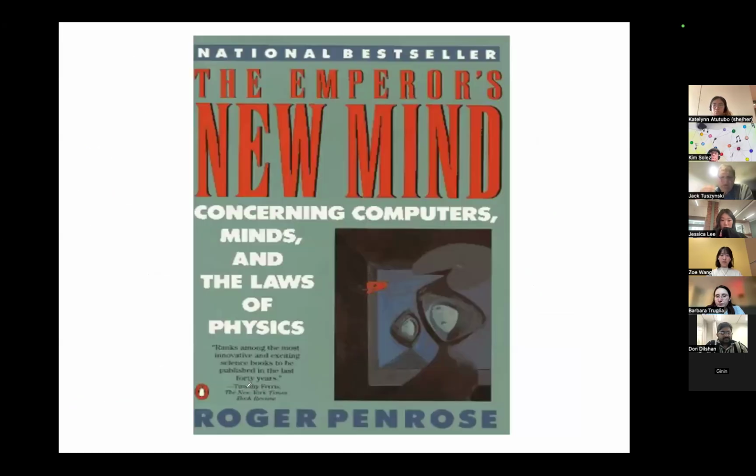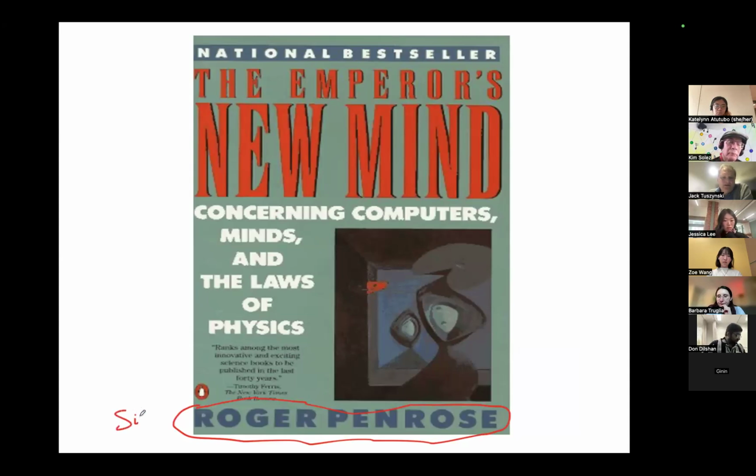Okay, so a lot of these discussions about consciousness, the brain, quantum neuroscience, let's say, originate with this book, The Emperor's New Mind, by Sir Roger Penrose.